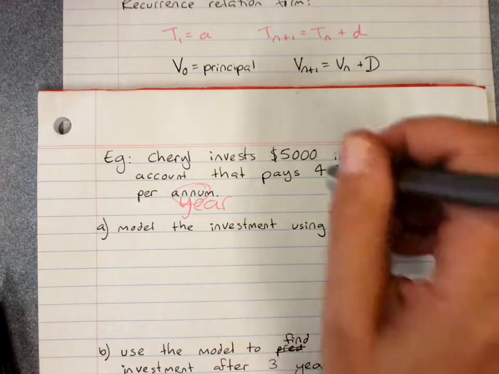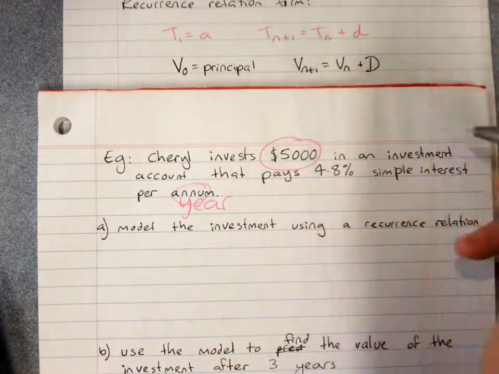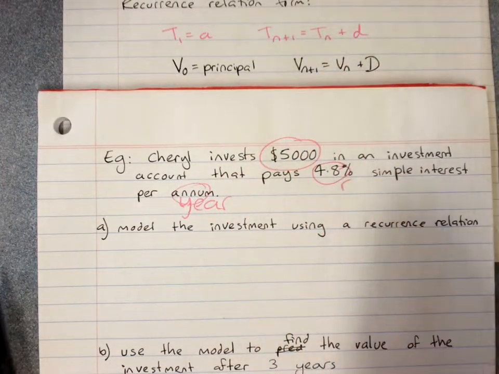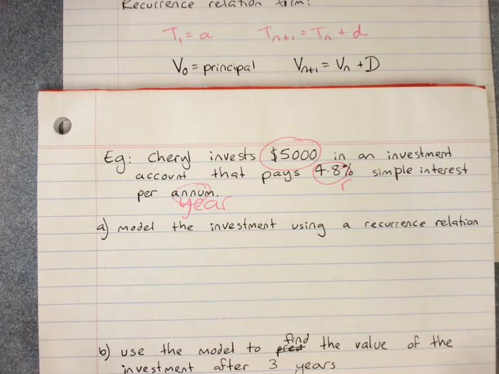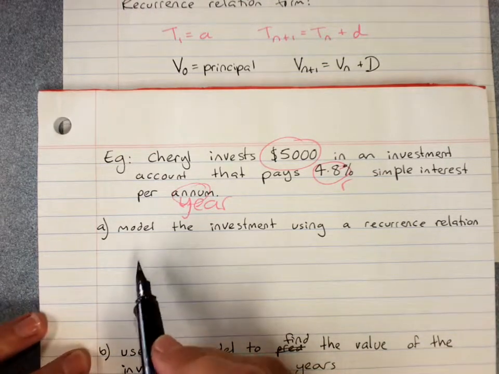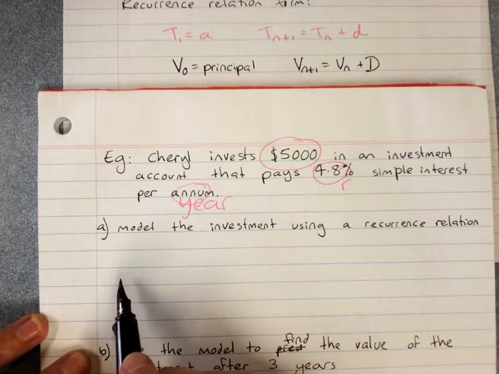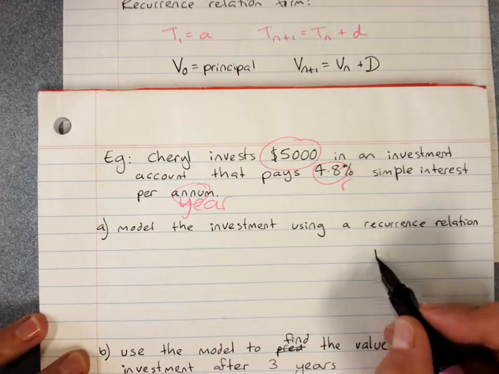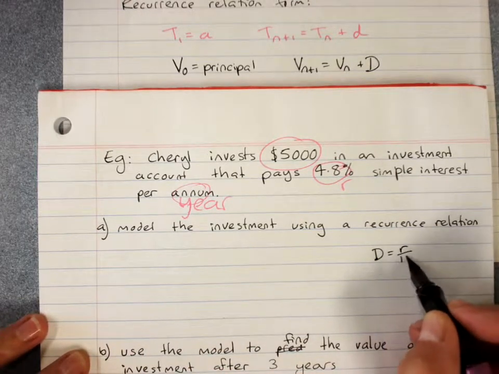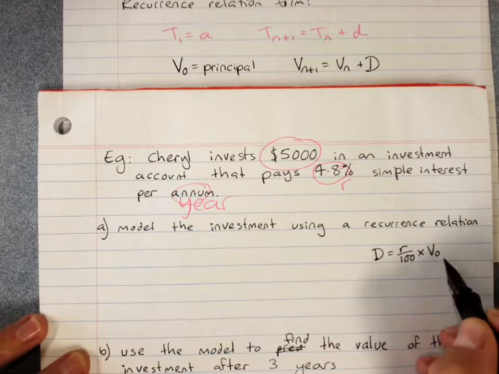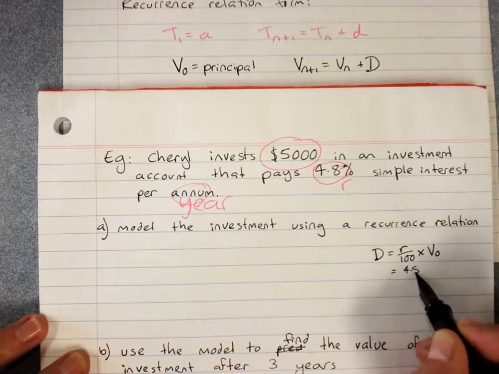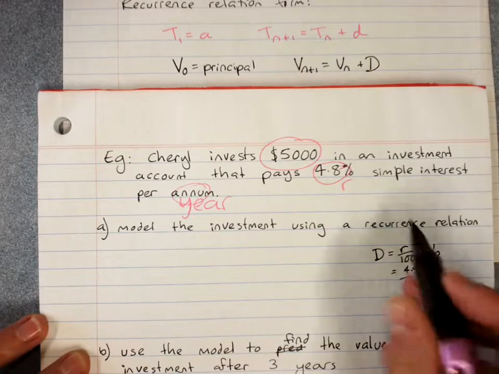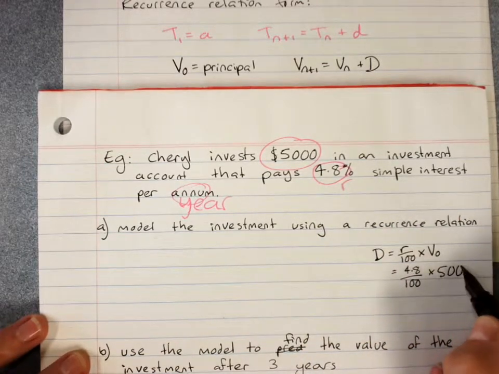I've got $5,000 principal, and this 4.8 is my interest rate, R. So I will need to calculate D. D is the rate over 100 times the principal. That would be 4.8 over 100 times the principal of 5,000.